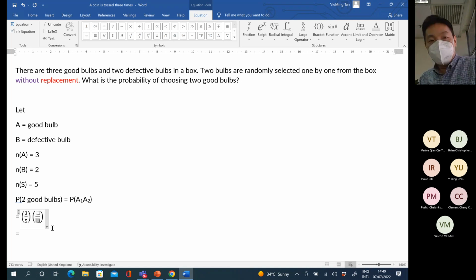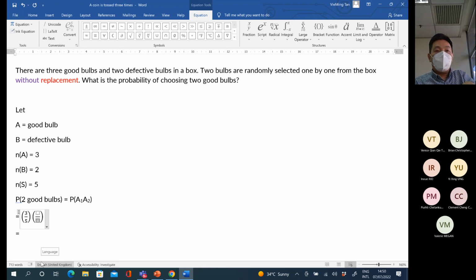So what is the probability of choosing 2 good bugs? The first one, randomly choose. Okay, I choose this. So for the first draw, how many bugs inside? There are 5, right? So the denominator for the first draw is 5. Numerator is 3 because inside the box there are 3 good bugs. So answer is 3.